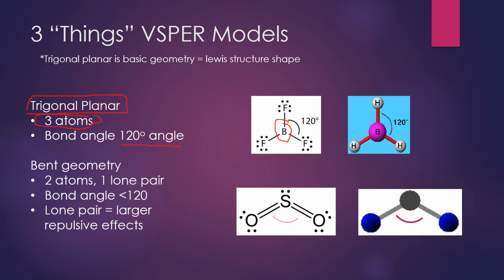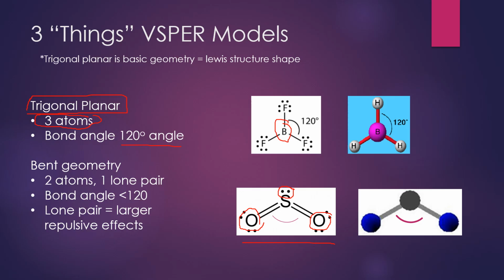Okay, now imagine taking that shape and removing one of the fluorines. If I removed an atom and replaced it with a lone pair, what we're going to get is a bent geometry as shown in this sulfur dioxide example. So here we have sulfur. It has 3 total things around it, oxygen atom being one thing, the other oxygen atom being another thing, and the third thing is a lone pair on the sulfur itself.